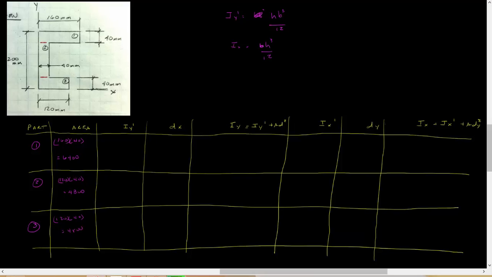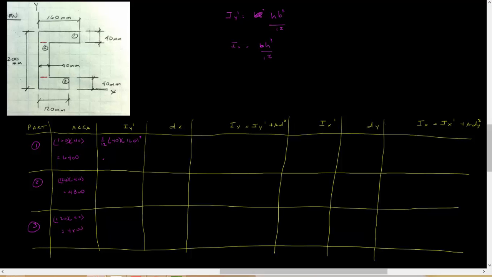IY prime is HB cubed over 12. For part 1, I have 1/12 times my height, which is 40, times my base, which is 160, cubed, and I come up with a big number.